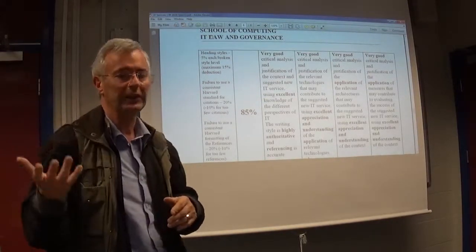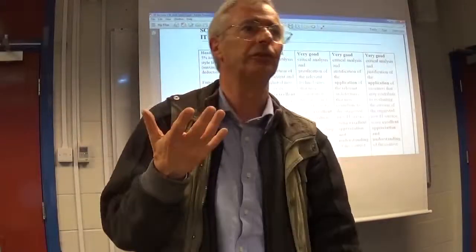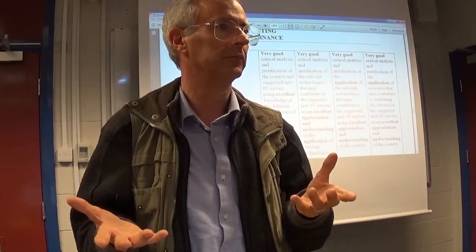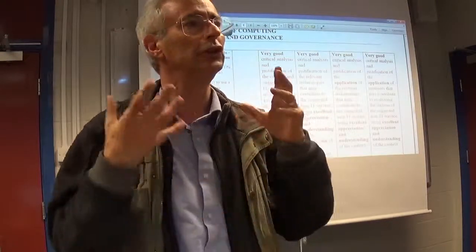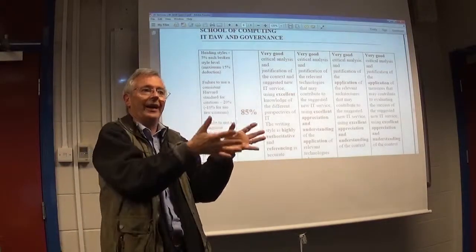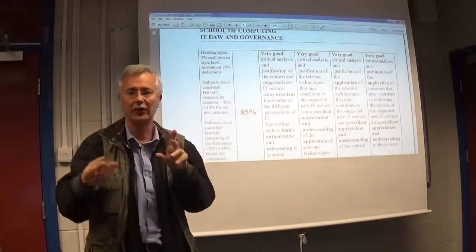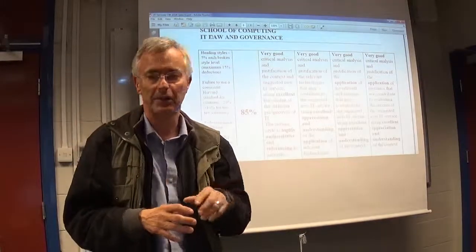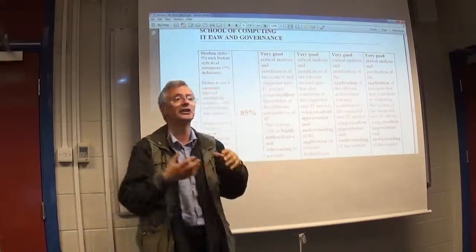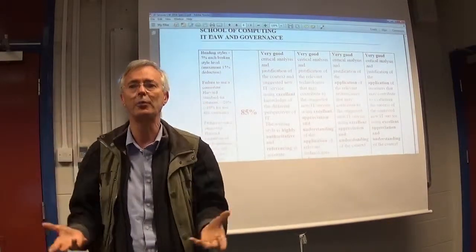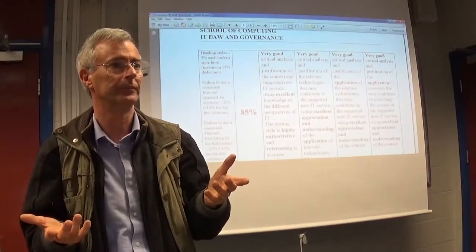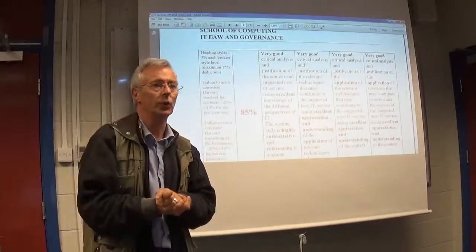And remember that critical analysis is really identifying consequences and impact, not description. So you're not writing this in a purely descriptive fashion. This is what the technology is about. Yeah, I know it's that, but what does it mean in the context of your design? So that's what we mean when we talk about very good, very strong critical analysis and justification and so on. It's thinking about consequences, thinking about impact. You do that, you'll do well.